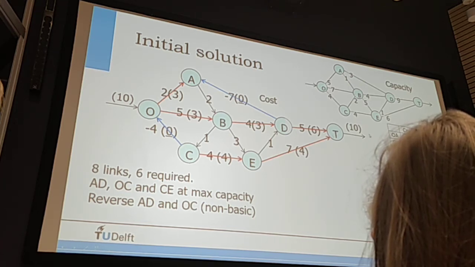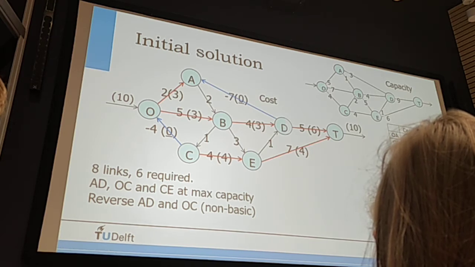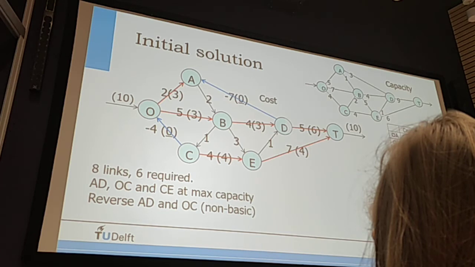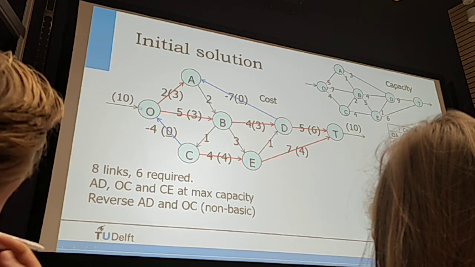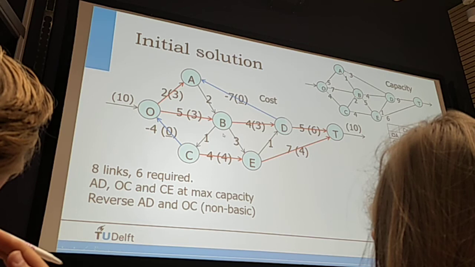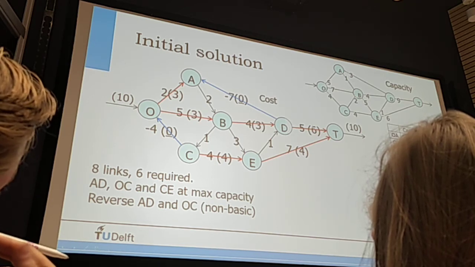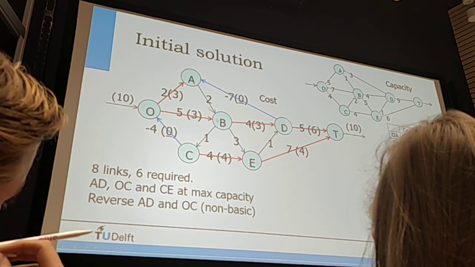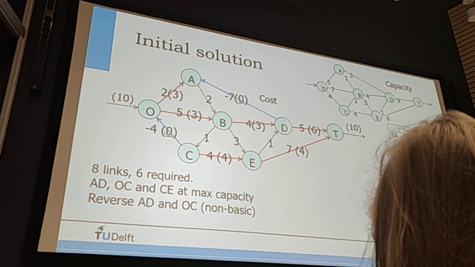It's not just a minimum spanning tree, but a spanning tree, connecting all the points within the network without creating any closed loops. Now we have 7 constraints, 6 basic variables, and the rest are non-basic, and these two, of course, are reversed.